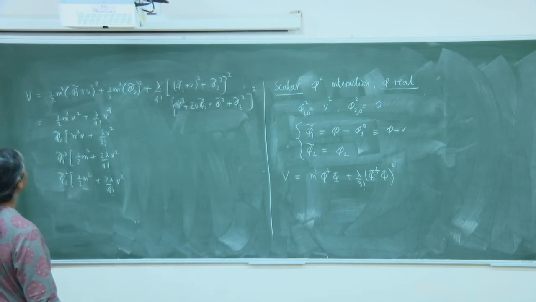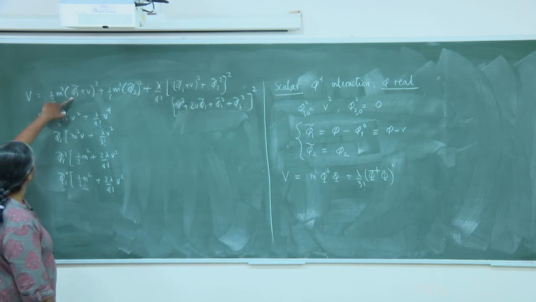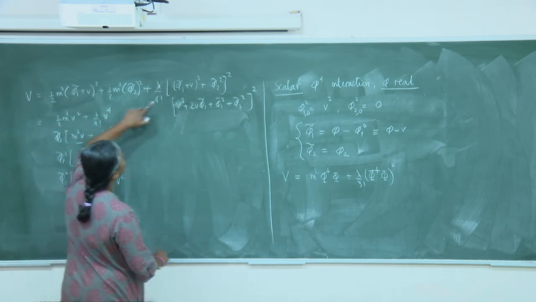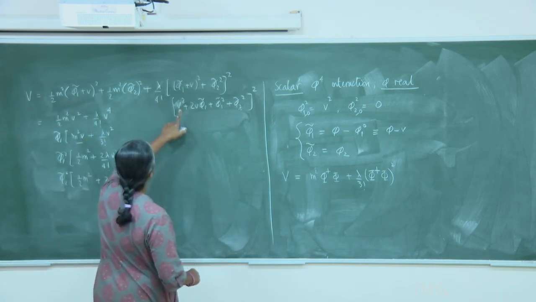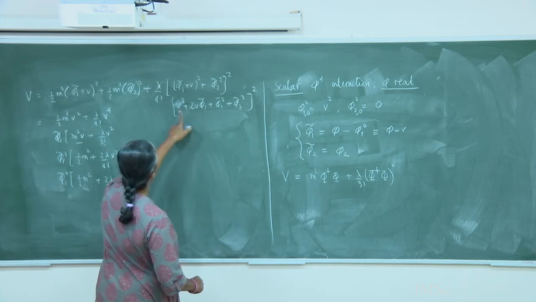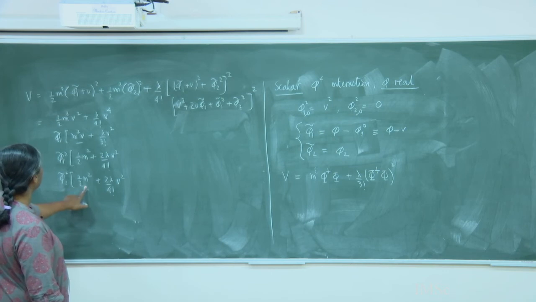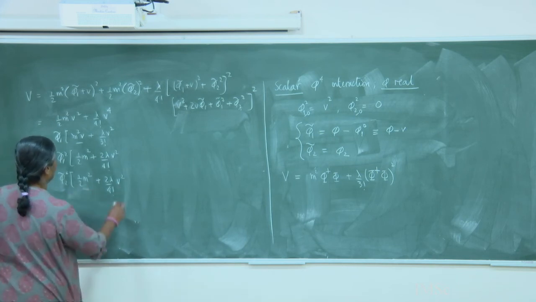So let us just make sure that we have got all the terms. The linear terms, there will be a phi 1 tilde from here, that is here. There will be a linear term phi 1 tilde from this cross term, and that is here. And here there will be a phi 2 tilde square term, and so, okay.